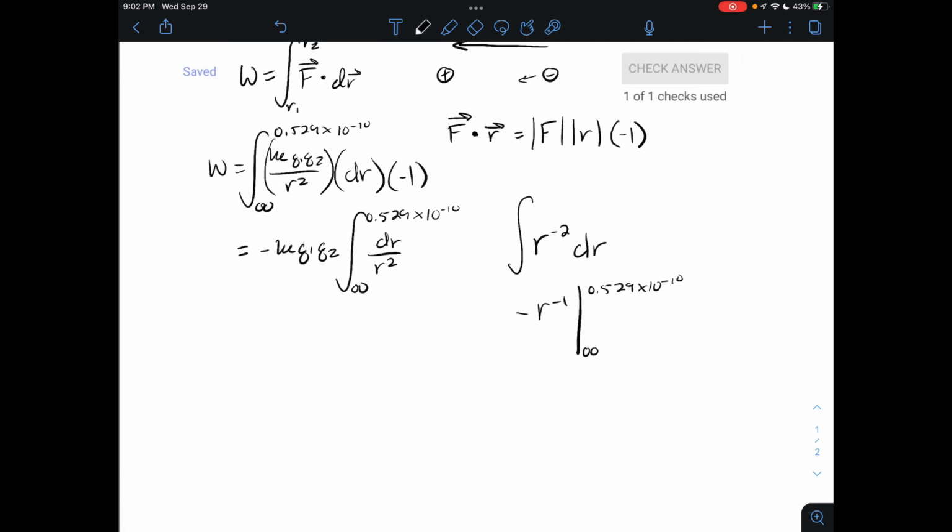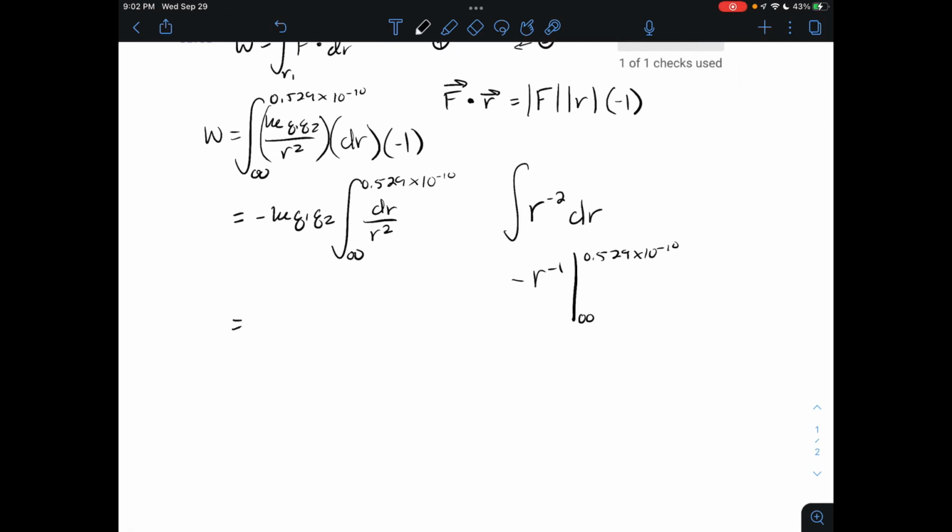So if I plug this all back in, we're going to get KE Q1 Q2 times, because I dropped this negative when I multiplied it in, 1 over r, evaluated between infinity and 0.529 times 10 to the negative 10th.